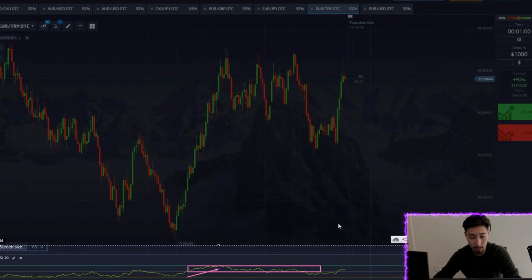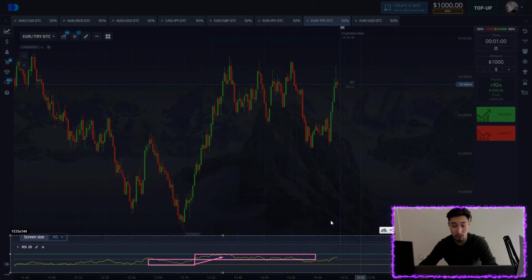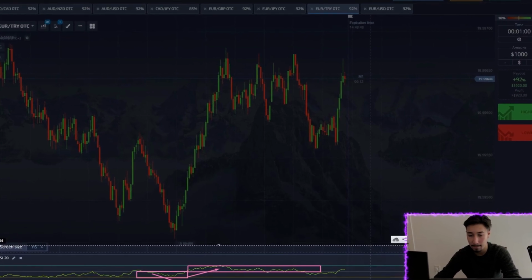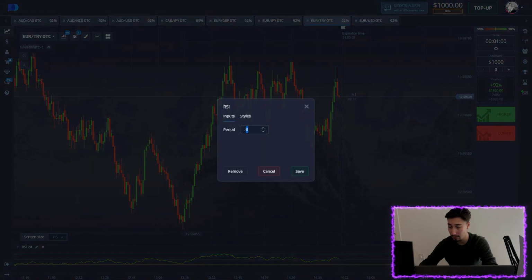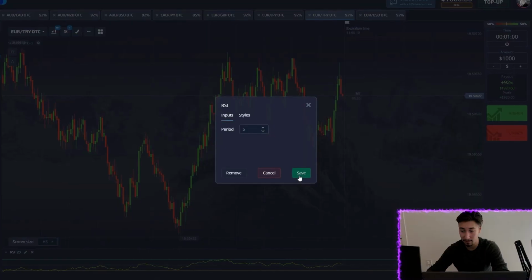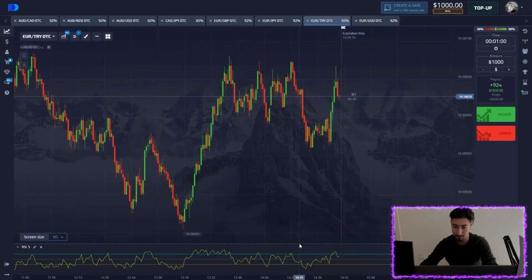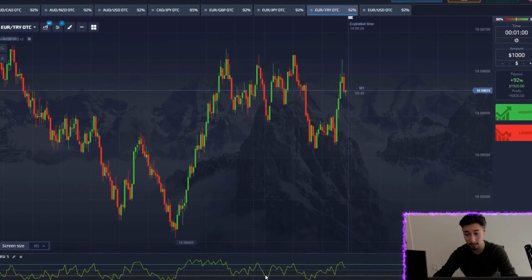When the RSI is below, it indicates downward dynamics. So I think you got it, guys. Take notes, remember that more or less. So let's eventually set the period to 5. Well, the period 5 shows us different market noises, which help us to have more accurate trade entries. And let's move on to the second indicator, guys.